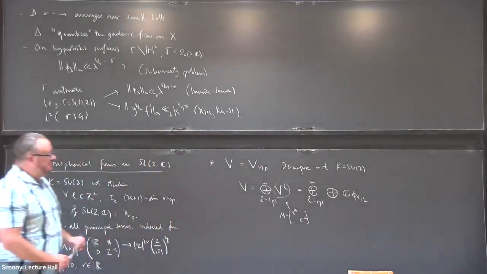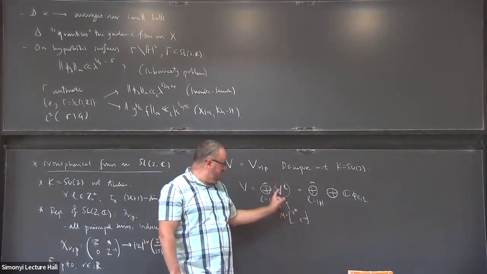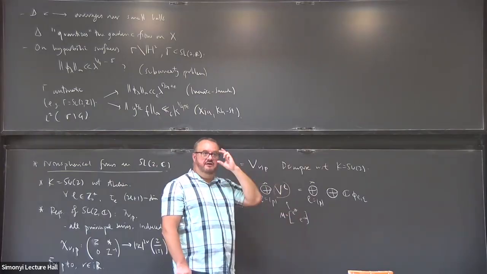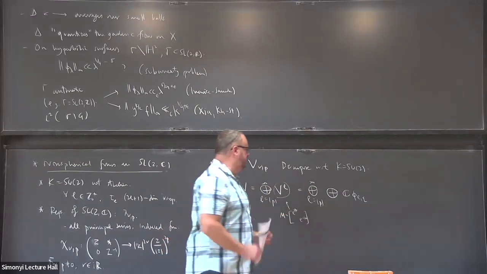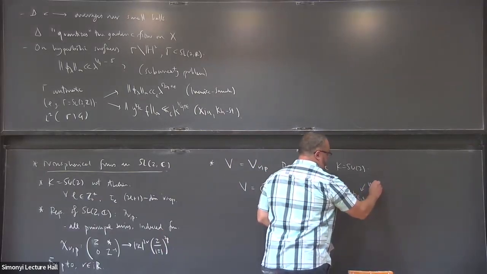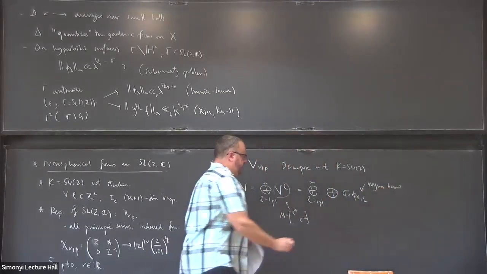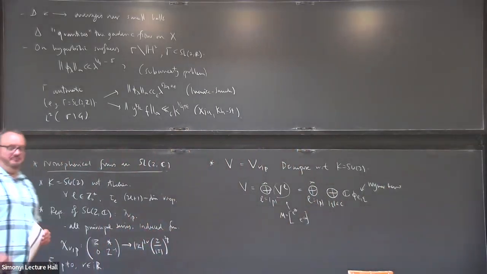This is a group M that is a subgroup of K, and you can decompose this 2L plus 1 dimensional space with respect to the action of this diagonal subgroup in K. And it will decompose into a one-dimensional basis. This is what people call the Wigner basis of this representation. And this q goes over all q that are up to L in absolute value, so there are 2L plus 1 of them.